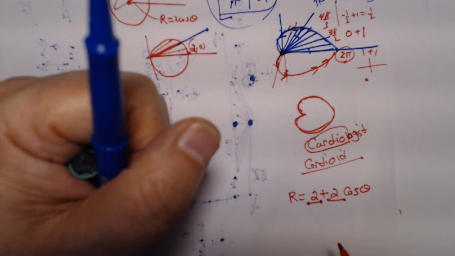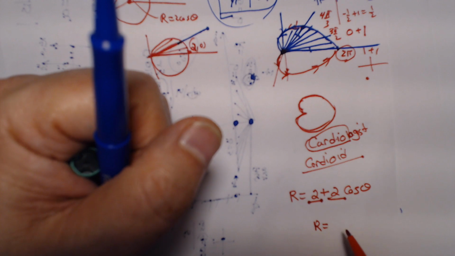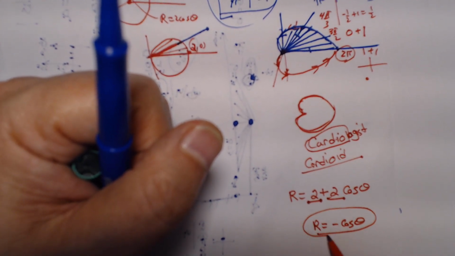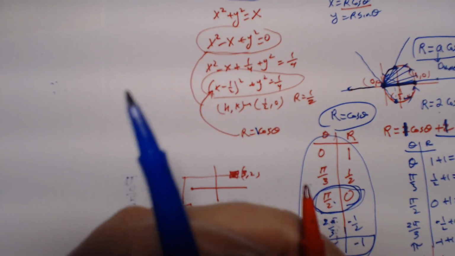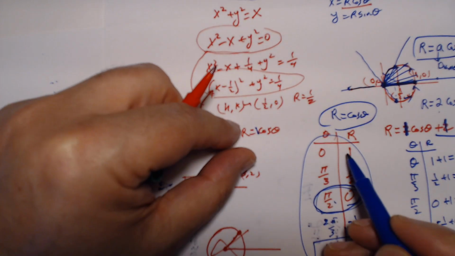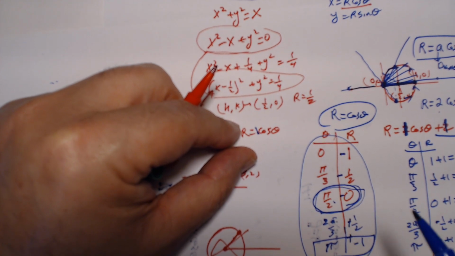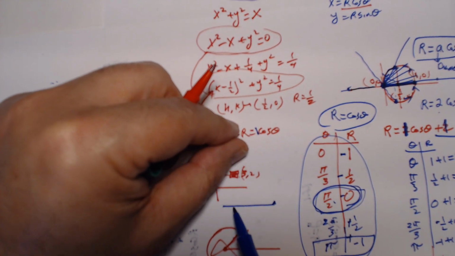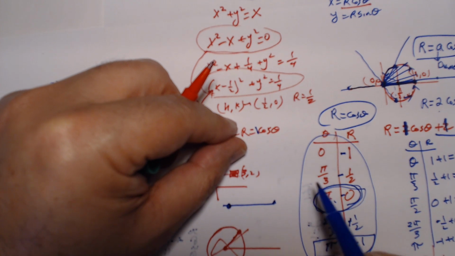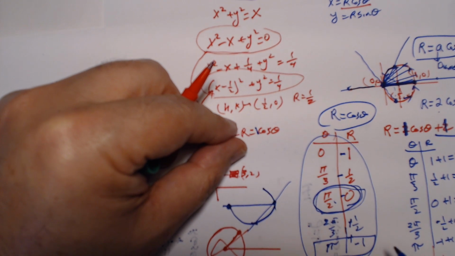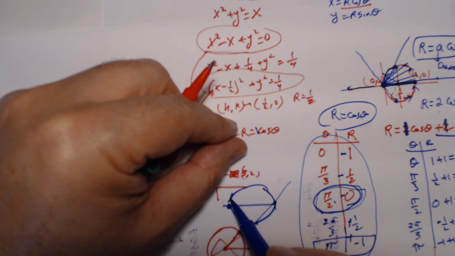But somebody said, what happens if I have r equal to negative cosine theta? Nothing wrong with that. This is exactly the graph of r equals cosine, except this r becomes negative. Whatever was positive becomes negative, and this becomes negative, and that becomes 0. Pi over 2 becomes positive, and pi becomes positive.